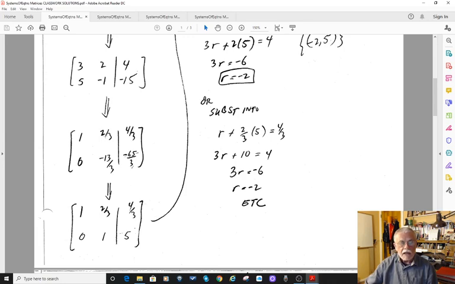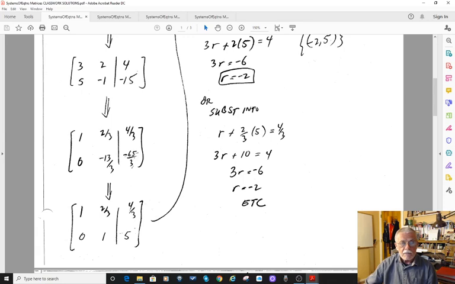This times -5 is -10/3, added to -3/3 would be -13/3. And this multiplied by -5 is -20/3, added to -45/3, right? LCD gives us -65/3.